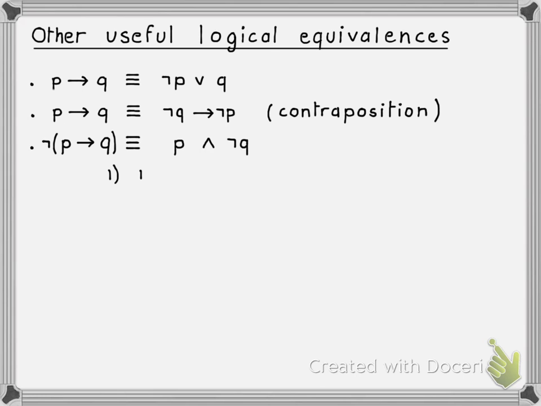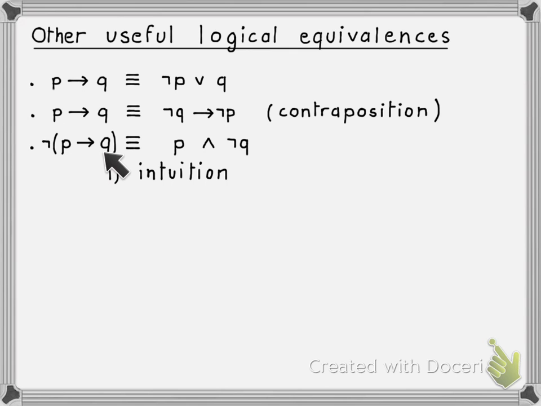So first, let's work out the intuition for why this logical equivalence holds. It's always a good idea to go back to the definitions. If you don't know how to start when solving a problem, it's always a good idea to go back to what you know, the basics, the definitions. Now, in particular, what is the definition of material implication?